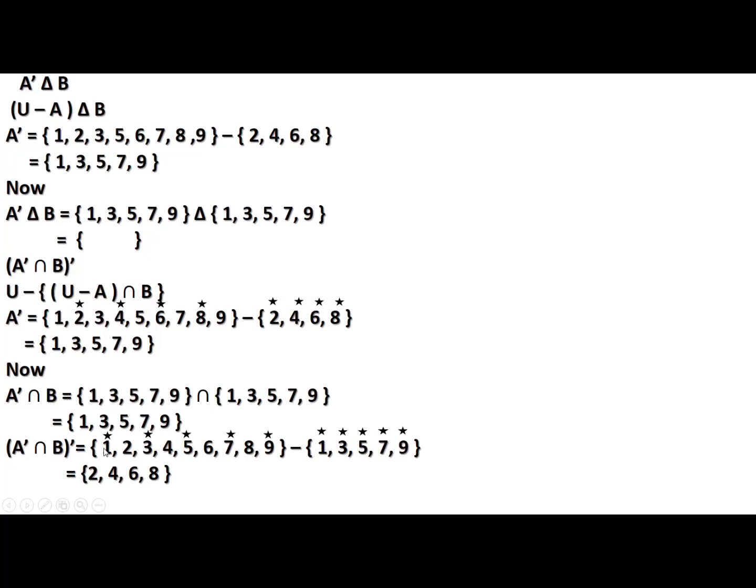So see here, we can find 1 in set A, then 3 we can find in another set, then 5 we can find in another set, then 7 we can find in another set, and 9 we can find in another set. So we cannot find in another set 2, 4, 6, 8. So that will be our answer.